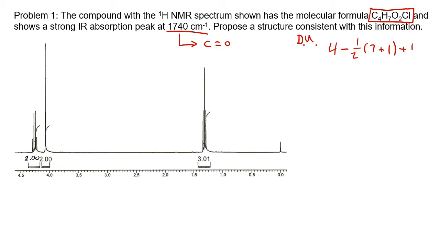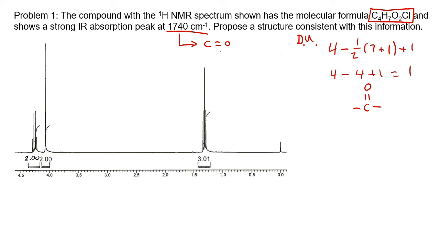And then we're going to add 1 to all of that, so this should give us 4 minus 4 plus 1 equals 1 degree of unsaturation. So that means we have 1 ring or 1 double bond, and we've already accounted for the 1 double bond. So somehow we have a carbon-oxygen double bond in our molecule. All right, so that's a great place to start.